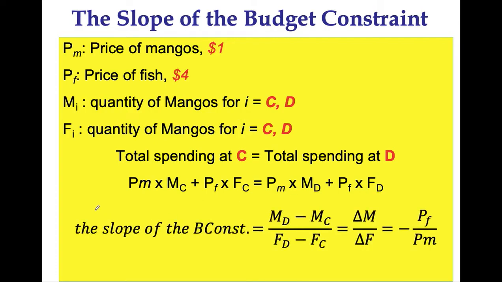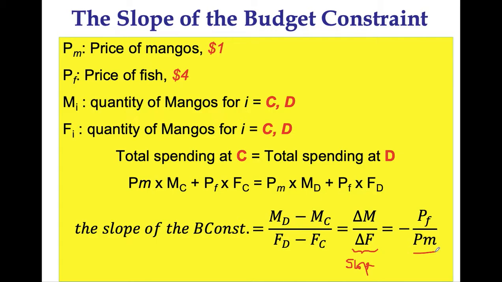Let's do some mathematics. From this equation, we get the slope of the budget constraint, which is MD minus MC, which is delta M, over FD minus FC, which is delta F. So this is the slope of the budget constraint, and it is found to be minus price of fish over price of mangoes.